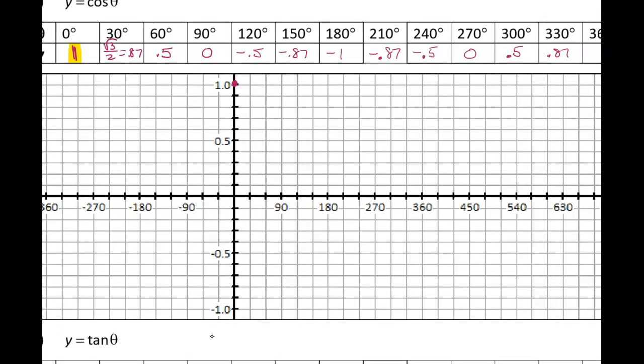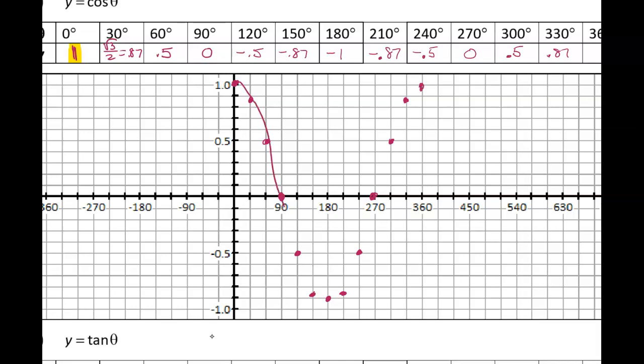So 0, 1, 30, 0.87, 60, 0.5, 90, 0, 120, negative 0.5, 150, negative 0.87, 180, negative 1, 210, negative 0.87, 240, negative 0.5, 270, 0, 300, positive 0.5, 330, positive 0.87, and 360, 1.